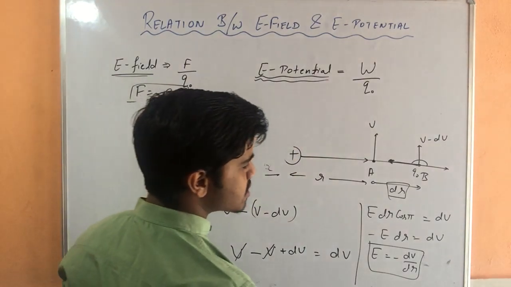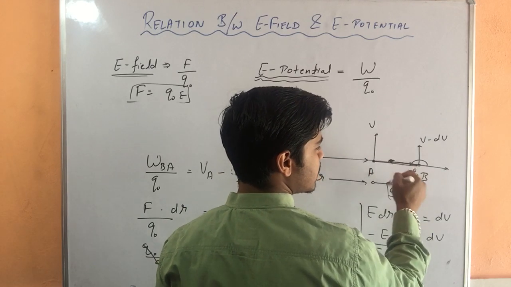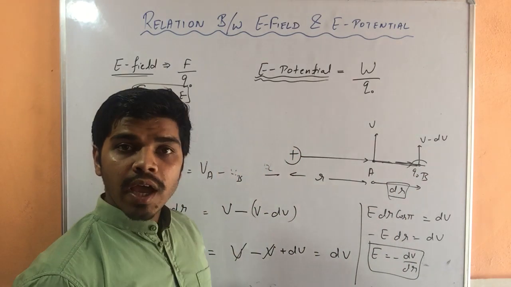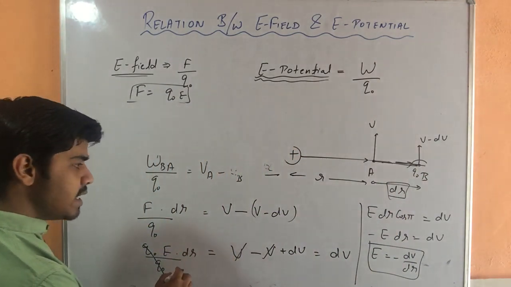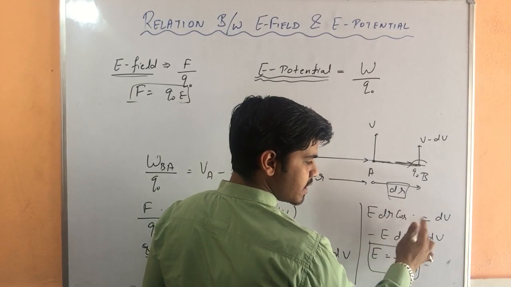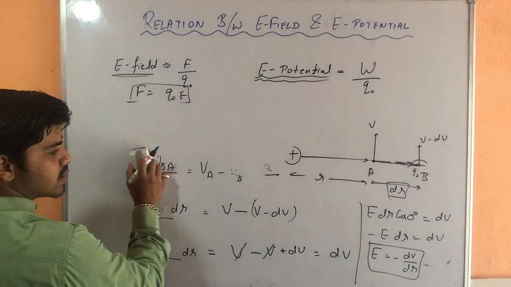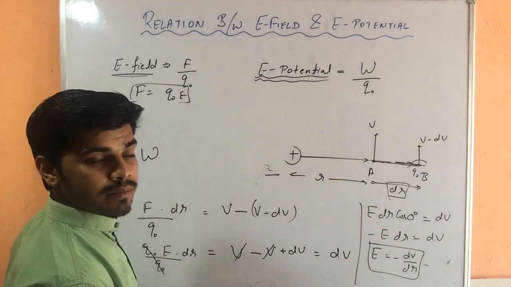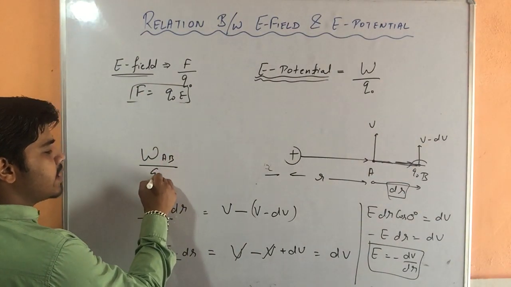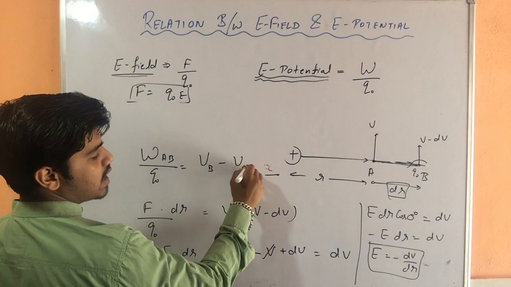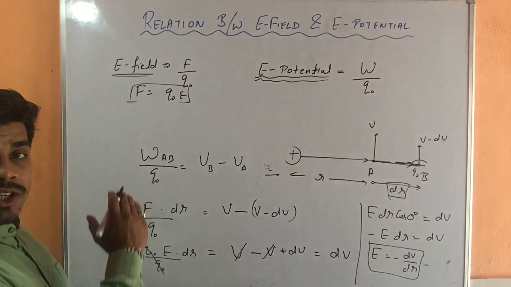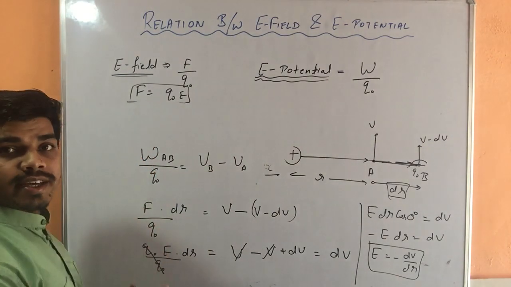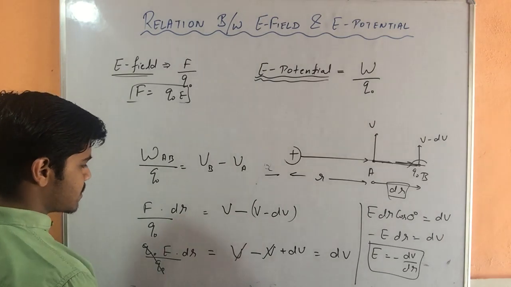If we displace the charged particle from A to B, the angle between electric field and displacement will be 0 degrees. But the statement will change from here. Work done from A to B divided by test charge is equal to VB minus VA, by definition of electric potential or potential difference, which I explained in previous theory lectures.